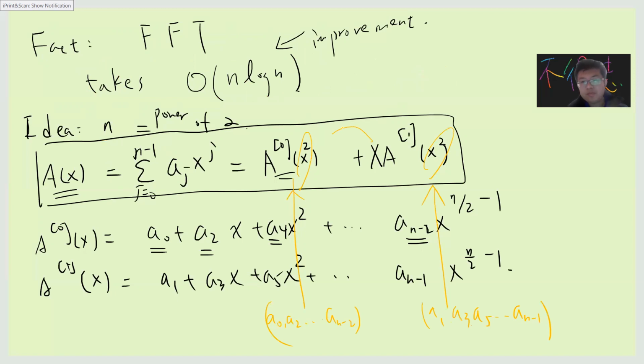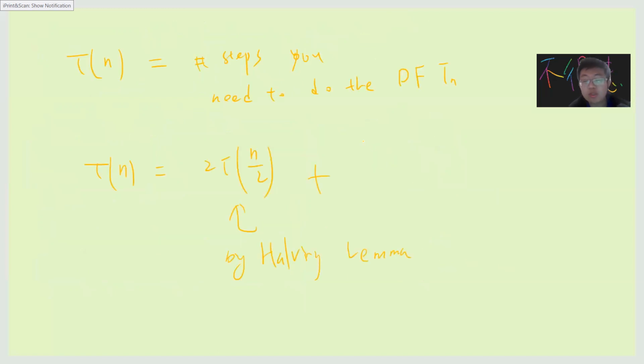You just add them, very simple. Because the polynomial has at most degree n, it takes at most n steps. And then you can use the master theorem, or you can see that this equation is exactly the same as merge sort. So maybe you heard about merge sort. Then you can prove that T(n) is n log n.